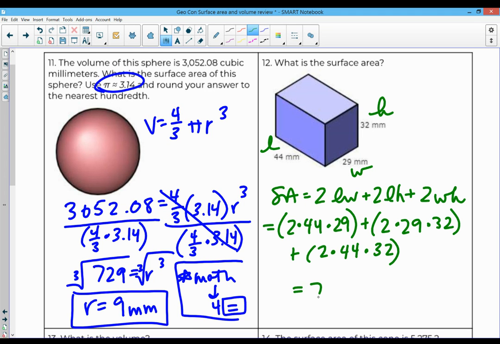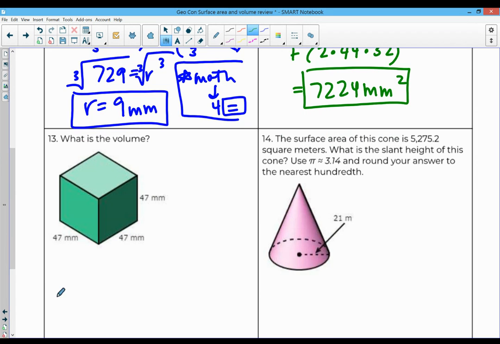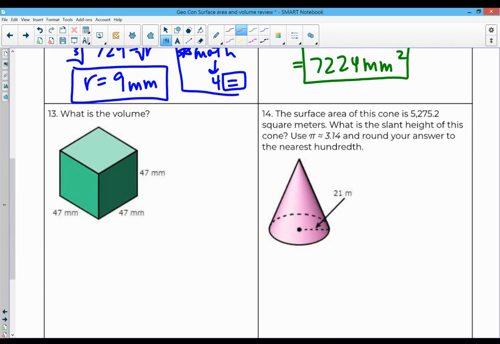All right, I got 7224 square millimeters. What is the volume? Astronomical. So the volume is length times width times height, but we notice that all of those numbers are the same.